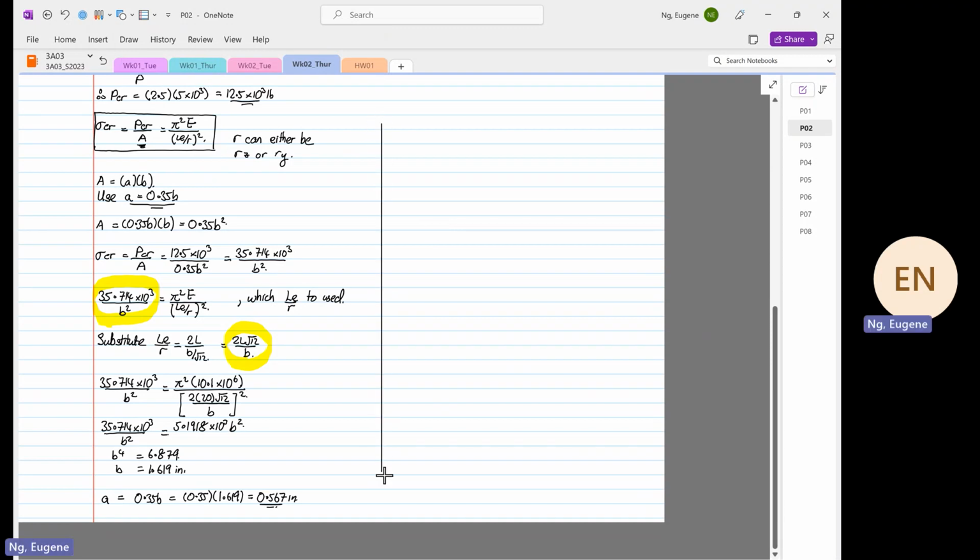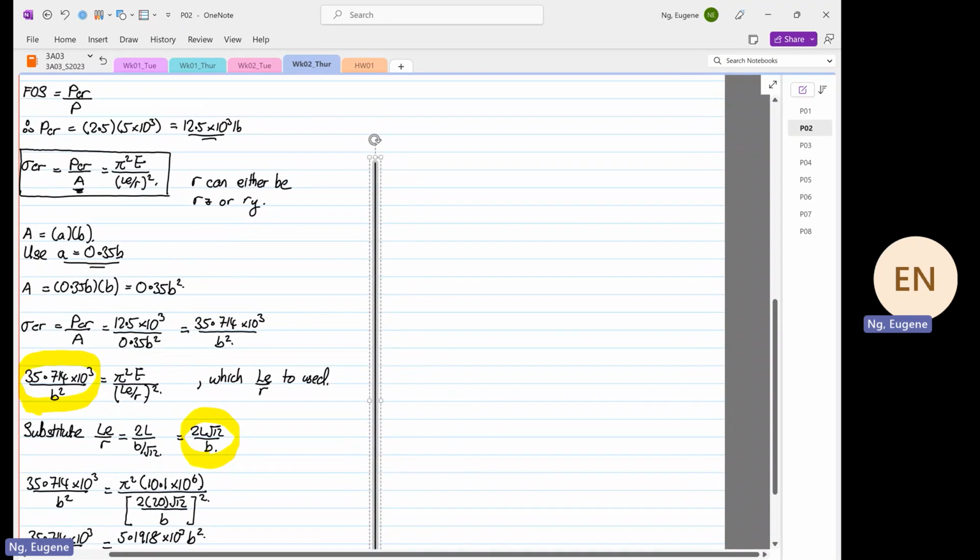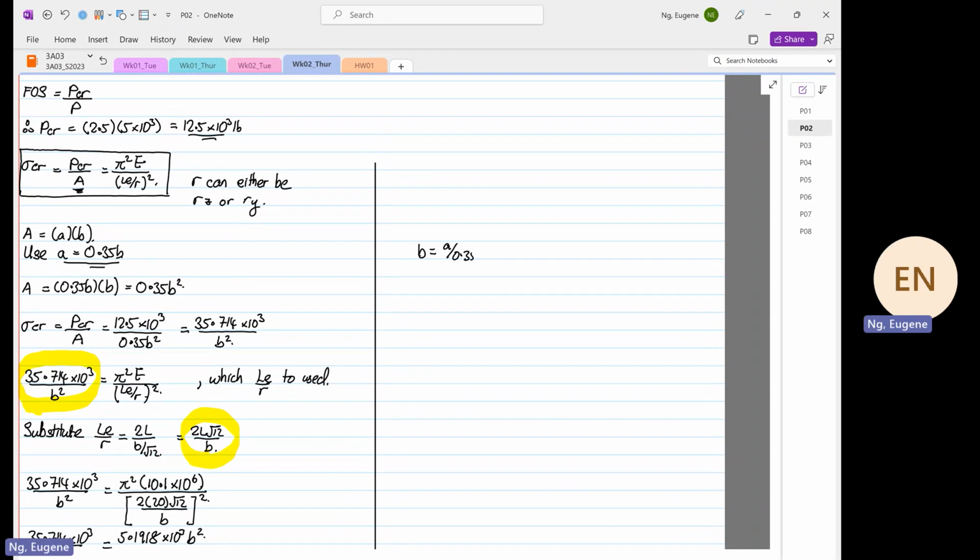Rather than using A is equal to 0.35 B, we use B is equal to A divided by 0.35.